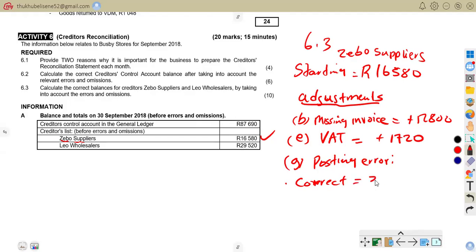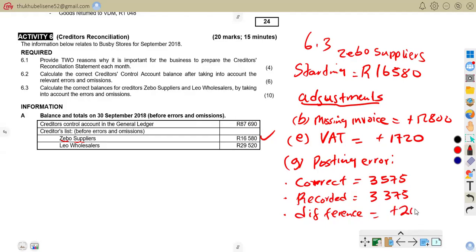Correct is how much? 3,575. But what is recorded? Recorded is equal to 3,375. So now we have to look for the difference. The difference you can see is plus 200. So that is that we have to add this 200.